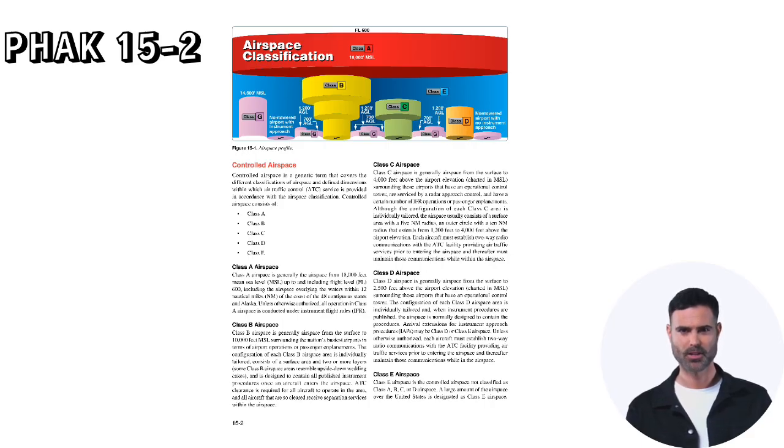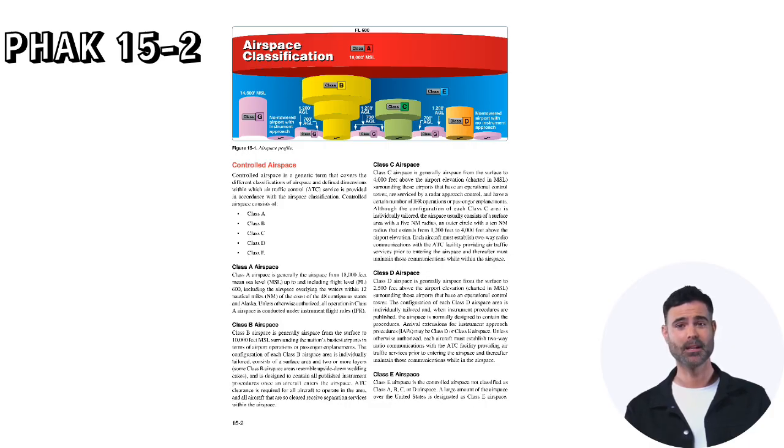Although the configuration of each Class C area is individually tailored, the airspace usually consists of a surface area with a 5 NM radius, and an outer circle with a 10 NM radius that extends from 1,200 feet to 4,000 feet above the airport elevation. Each aircraft must establish two-way radio communications with the ATC facility providing air traffic services prior to entering the airspace, and thereafter must maintain those communications while within the airspace.